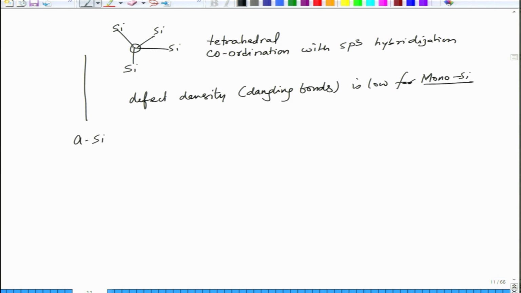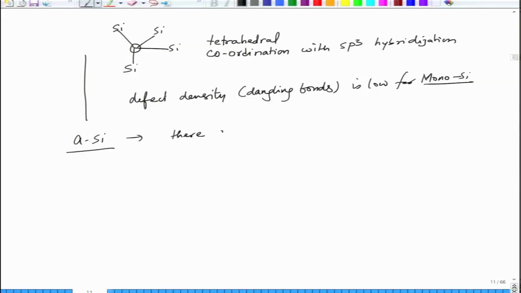However, for amorphous silicon, since you do not have a crystalline network, all the bonds are not satisfied. So, silicon needs a tetrahedral coordination, but it is incomplete at many places. So, there are missing bonds. You can have situations where this silicon atom has one bond, it has another bond with another silicon, but this bond is missing.